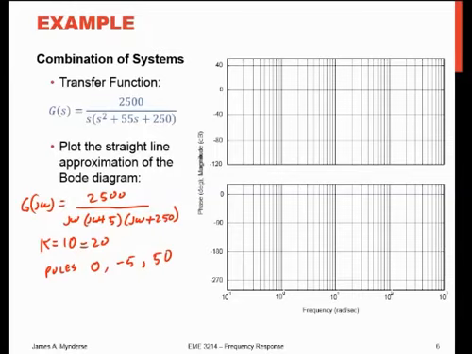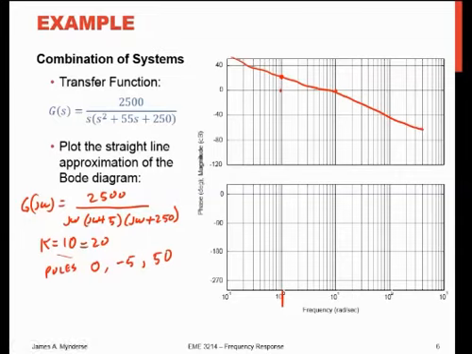I got that pole at 0, so at a frequency of 1, it would go through 0 dB, but since I have this gain of 20 dB, I'm going to make it pass through that 20 dB line just to reduce the number of lines I have to draw. Go 1 decade, and it's 20 dB per decade, so that's my pole at 0.